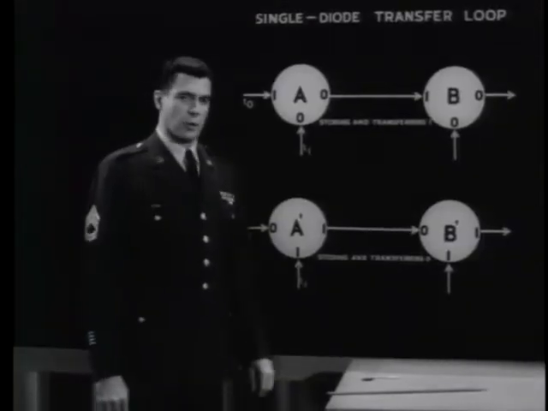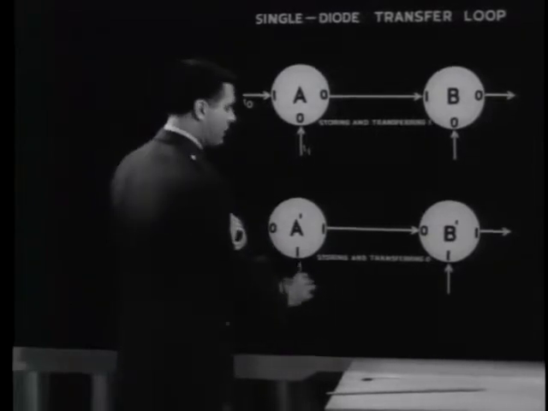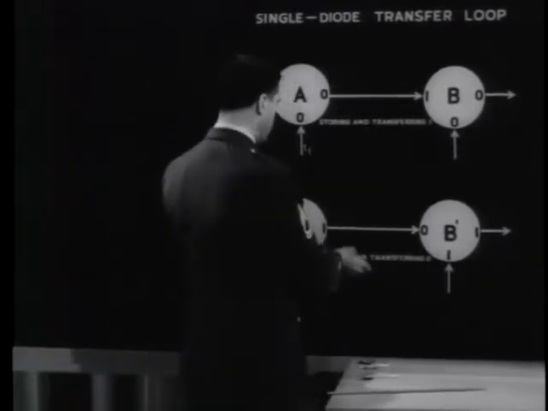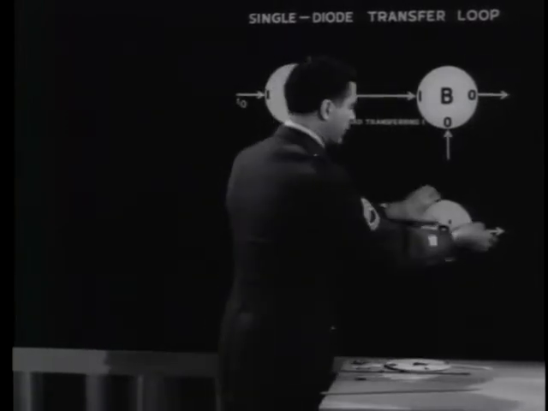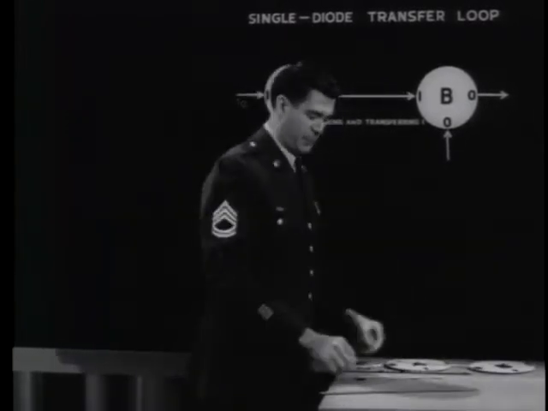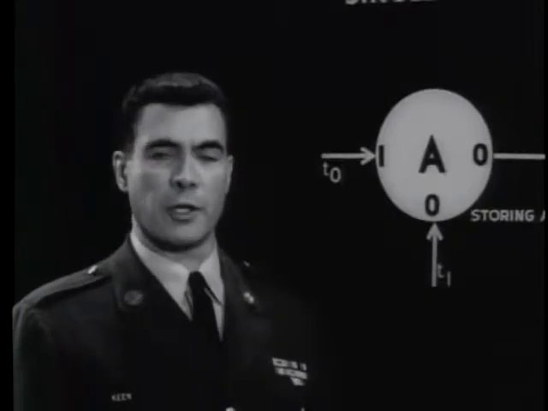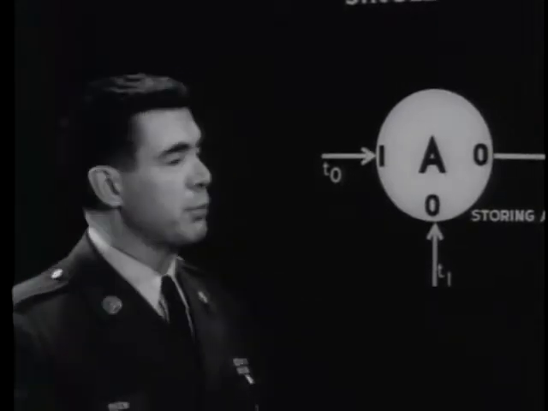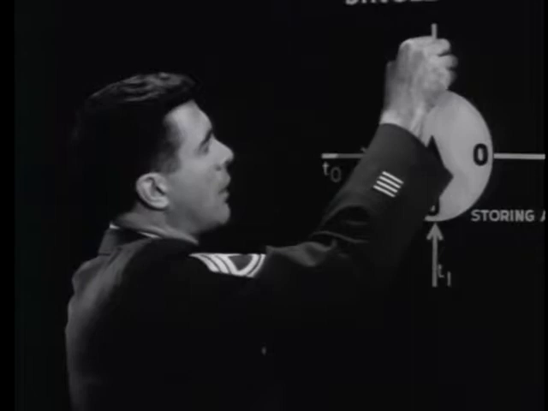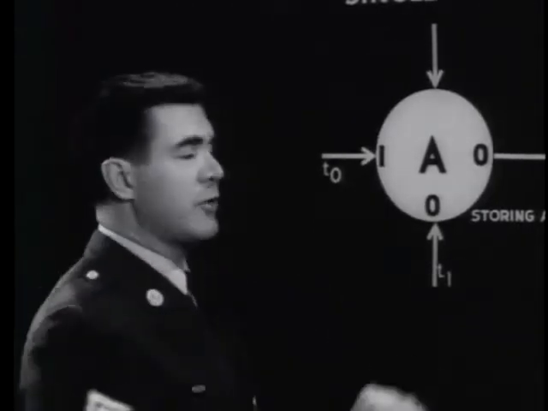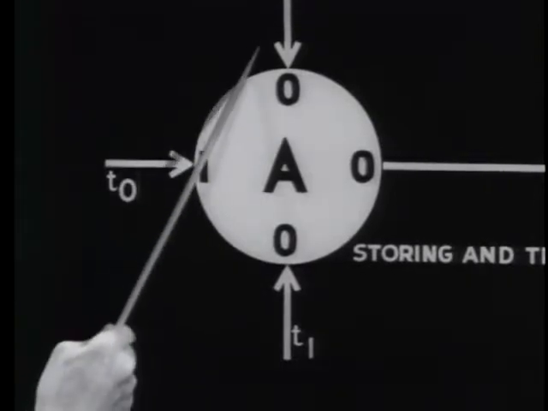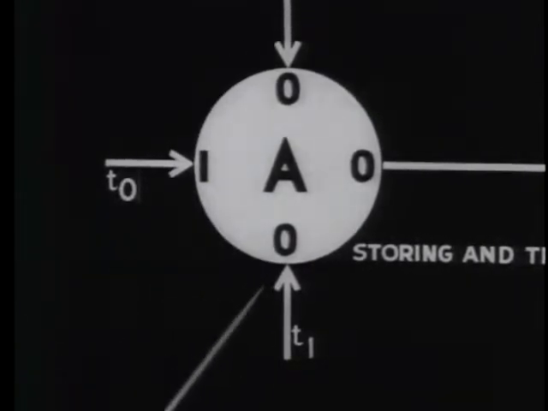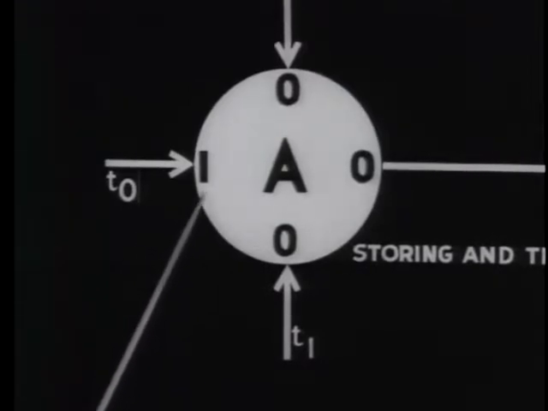The single diode loops have many applications in automatic data processing systems, but there is a limit to the amount of control they provide. Suppose, for example, there were several inputs coming into the first core of a loop. In this way, there are three inputs here. The one at the left will set the core to binary 1.